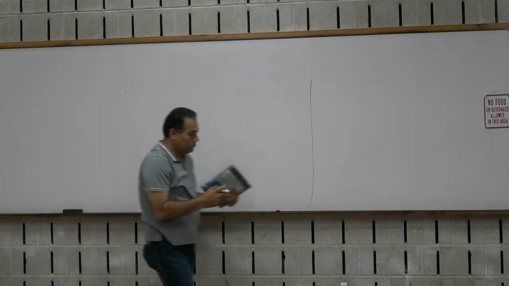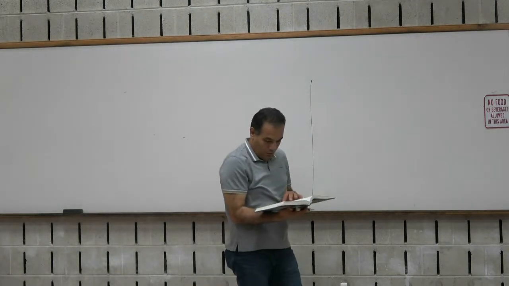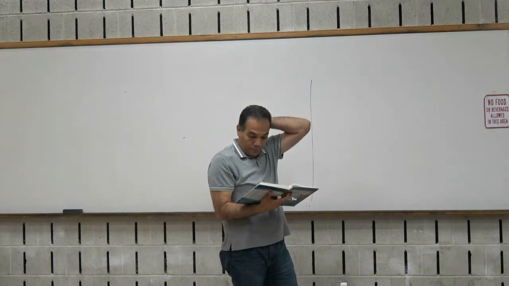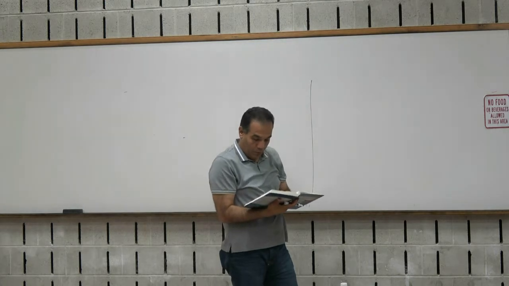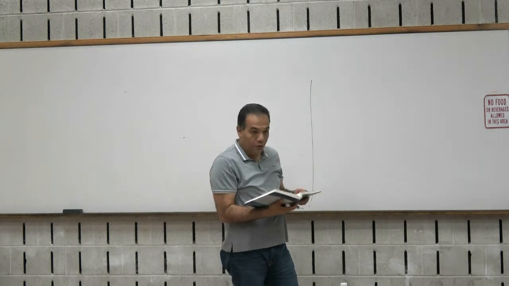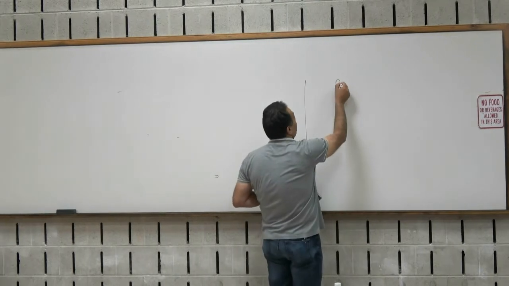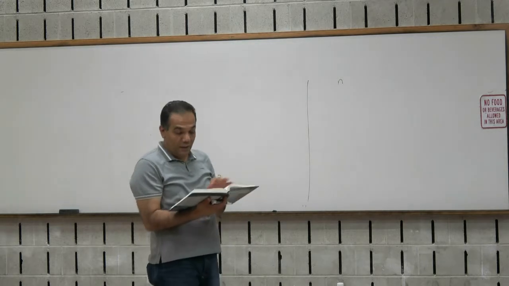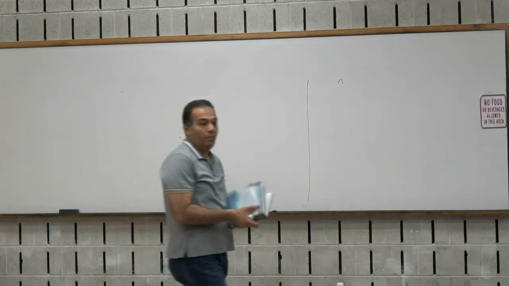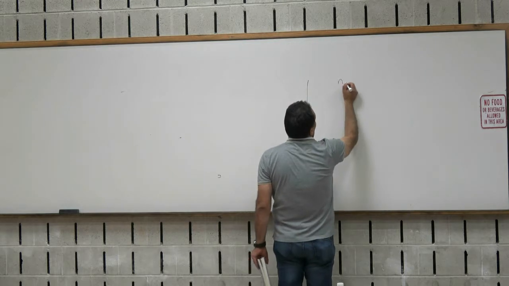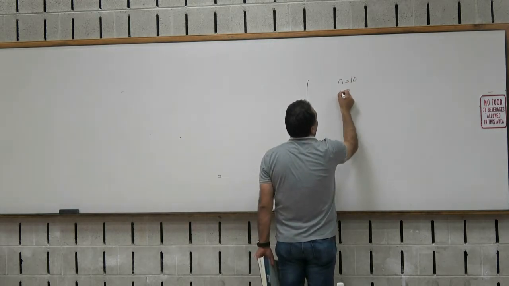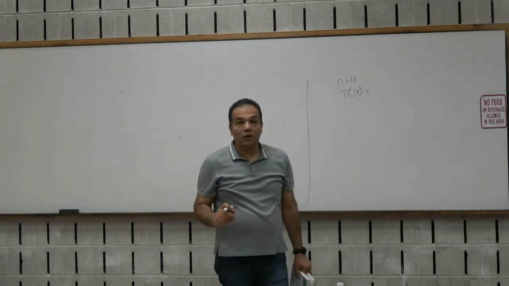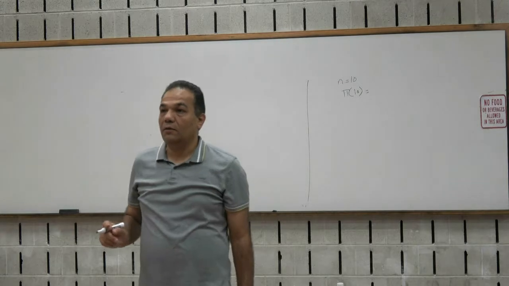If you have a number n, and I need to know the number of primes less than n, for example n equals 10, phi of 10 is the number of primes less than 10.